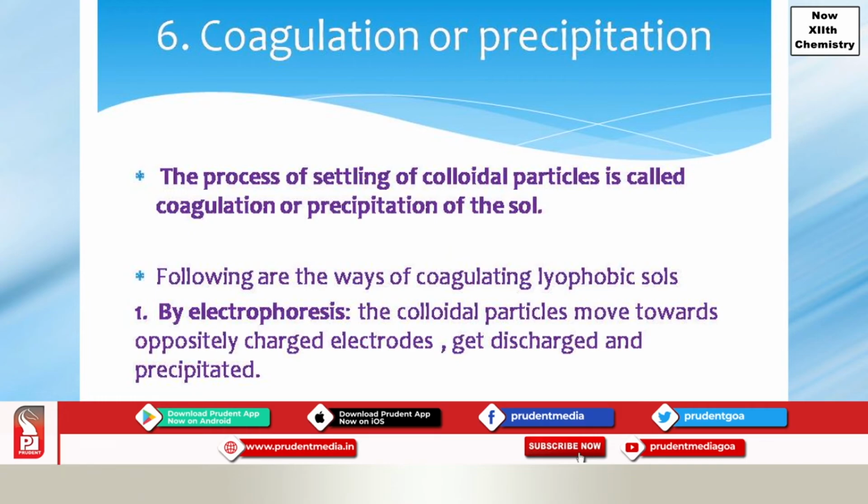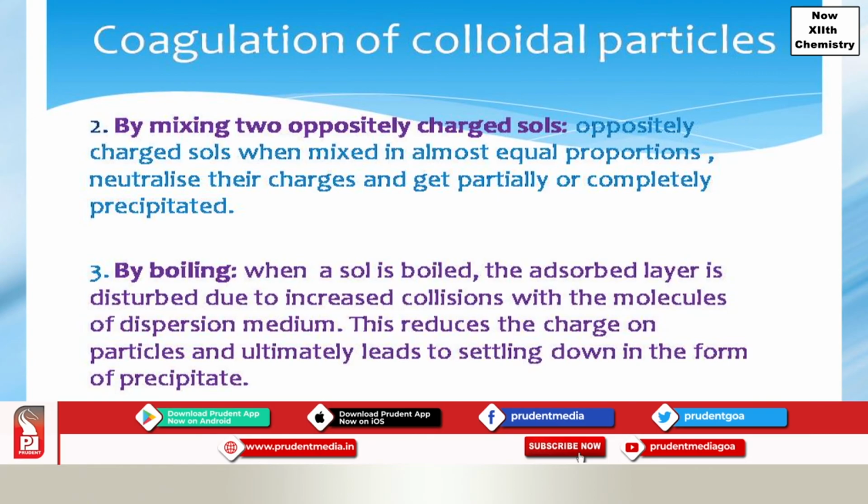Just now we have seen what electrophoresis is: movement of colloidal particles towards oppositely charged electrodes. They go towards the oppositely charged electrode and settle on the surface of the platinum. That is, neutralization of charge occurs and precipitation takes place during electrophoresis. The second method is by mixing two oppositely charged sols.